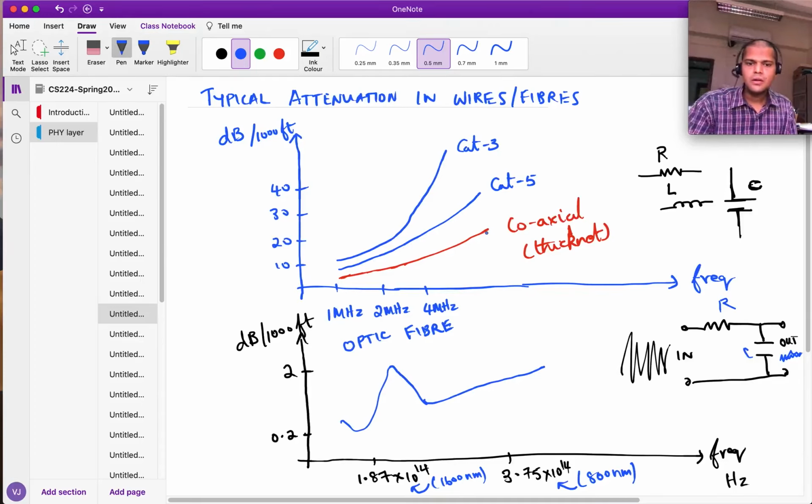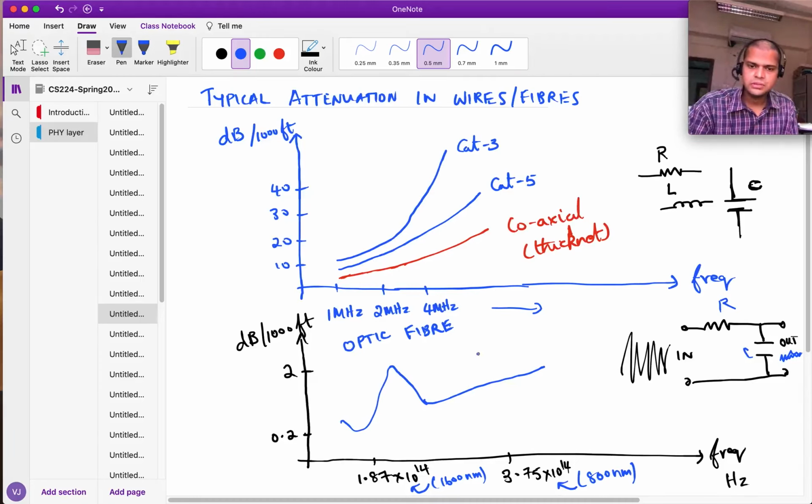Okay. Also, another reason you get higher data rates is because of the total frequency range you can use in the optic fiber. Okay. So here you can think about after a certain frequency range, as you go up, the attenuation becomes too much. So you can't really use the cable at all at very high frequencies. Okay. And essentially the more frequency range you can use to transmit, the higher the data rate that you can push through.